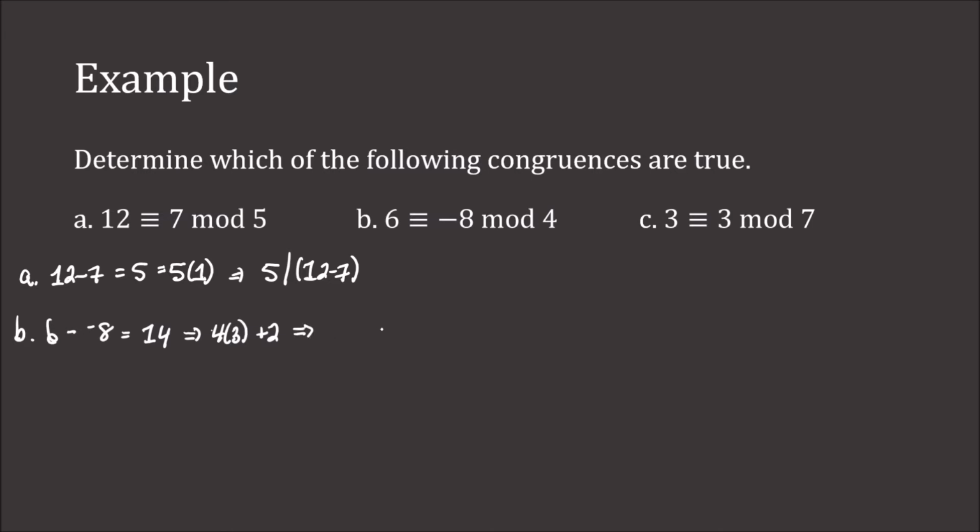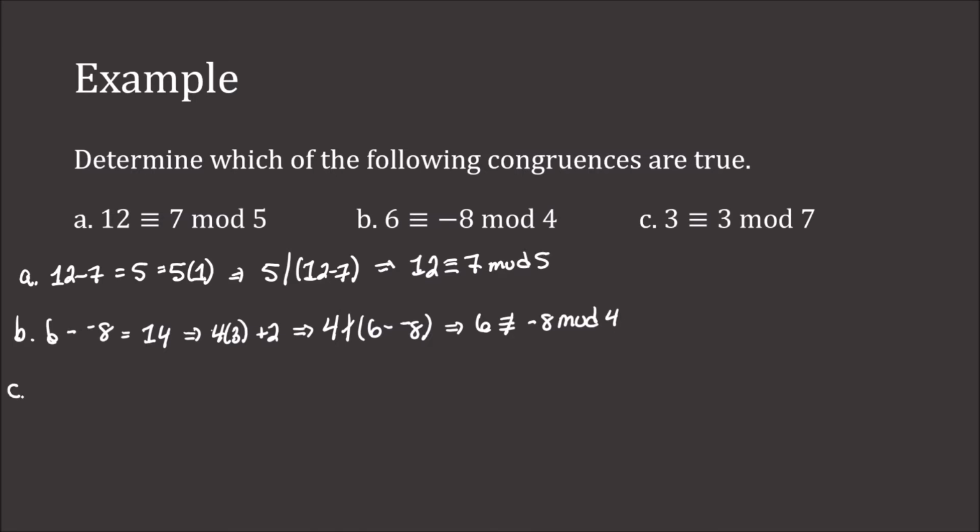Well, this means that 4 does not divide 6 minus negative 8. So this would imply that 6 is not congruent to negative 8 mod 4. And going back up to the previous problem, this would mean that 12 is congruent to 7 mod 5.